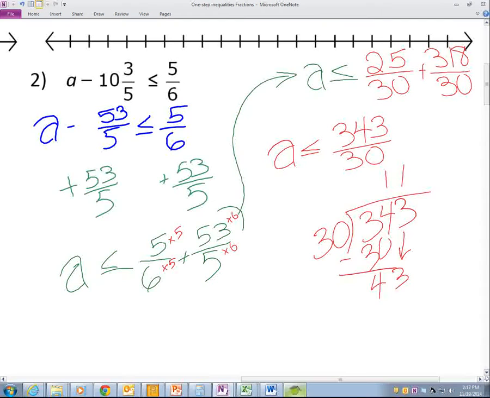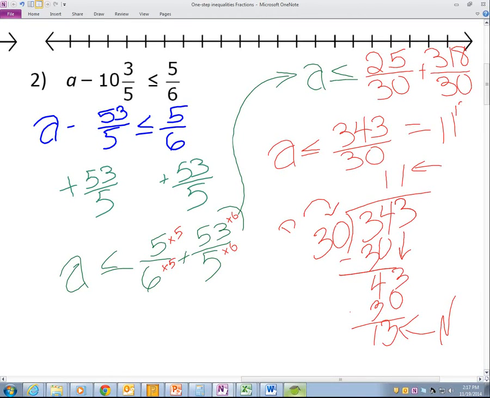So now I have my whole number here. The remainder is 13, and instead of a remainder, this is going to be my numerator, and here's my denominator. So this is equal to 11 and 13/30.